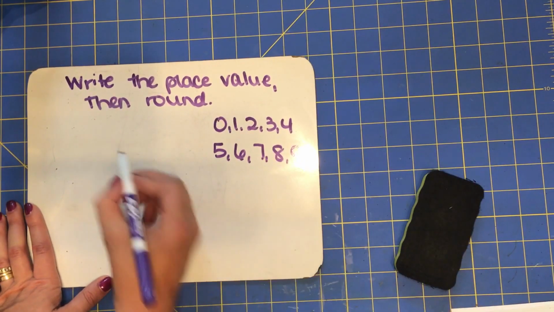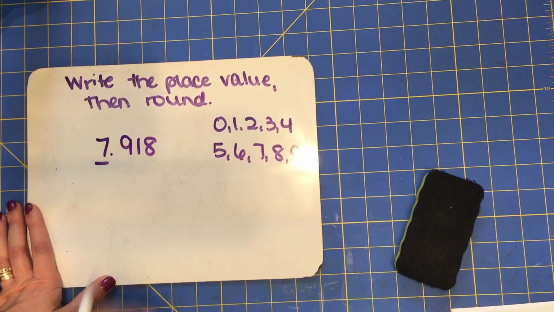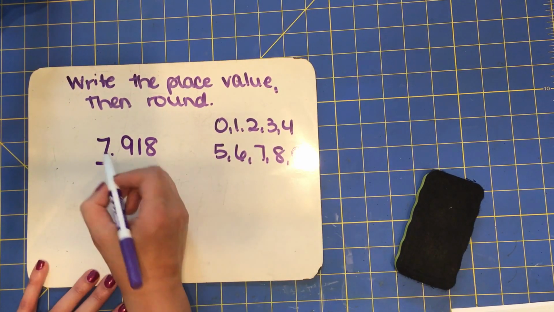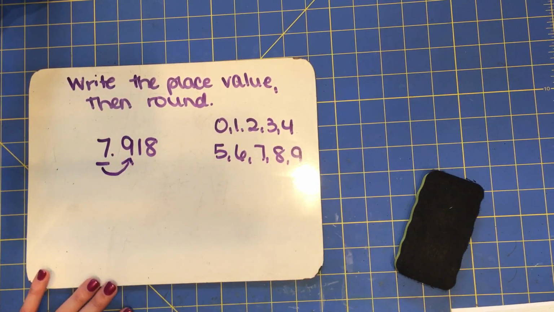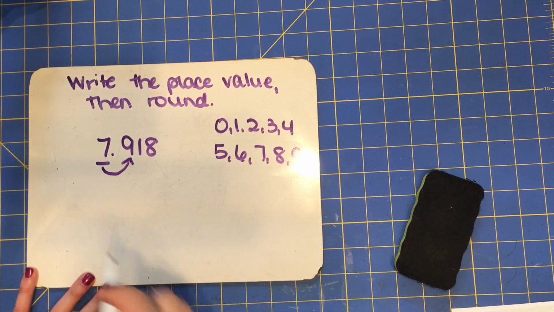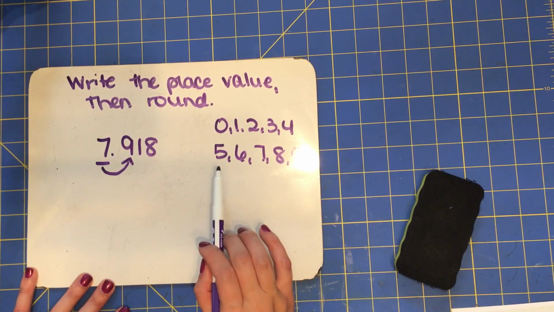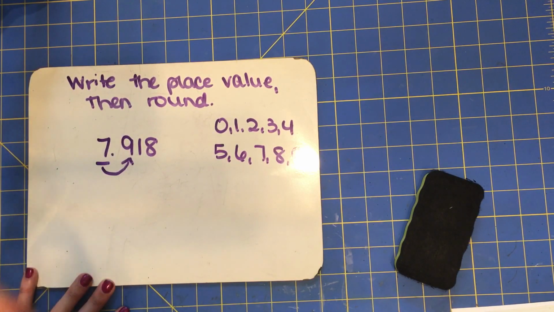All right, let's look at number 4. We have 7 and 918 thousandths. So in this case, we're rounding to the ones place. And when I look next door to the ones place in the tenths place, the next greatest place value, there's a 9 there. And what I know about rounding is that if there's 5 through 9 next door as the neighbor, I'm going to take this number and bump it up 1.